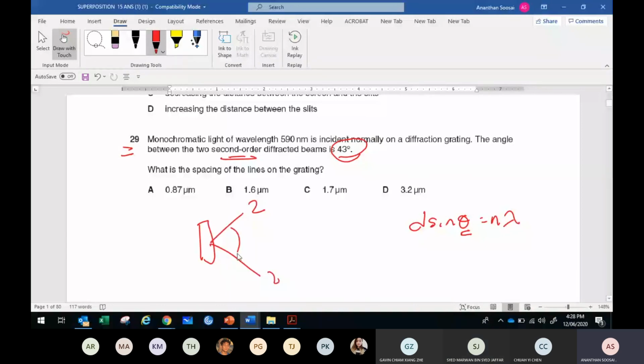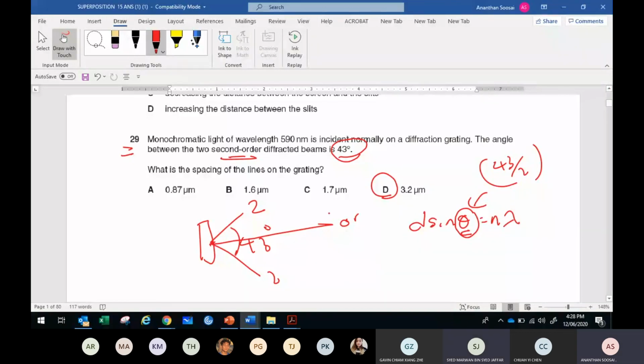But according to the formula, this theta is actually the angle from the order to the zero order. So the theta you are supposed to key in is 43 divided by 2. If you did that, then you should get the correct answer.